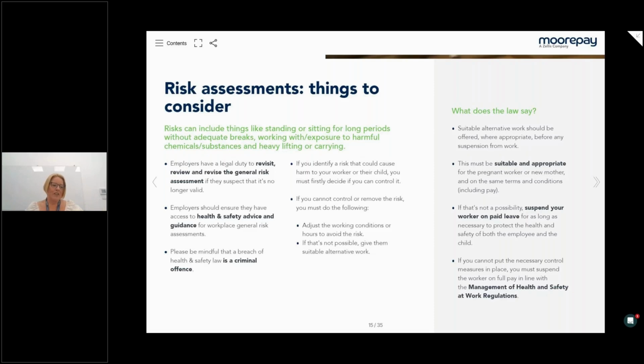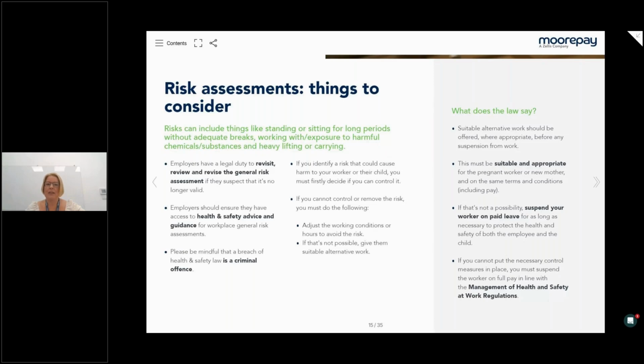So what happens if you do the risk assessment and the role or the workplace seems too dangerous for the employee? Maybe the work is very heavy, maybe there's a lot of chemicals involved. What do we do? Well, we need to try and make the workplace as safe as possible.